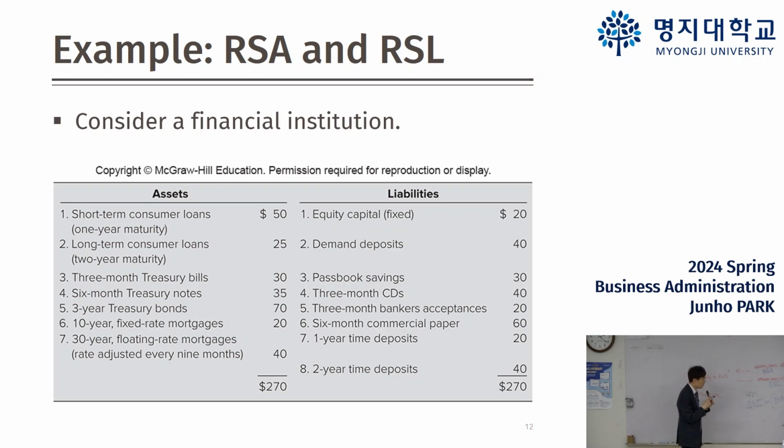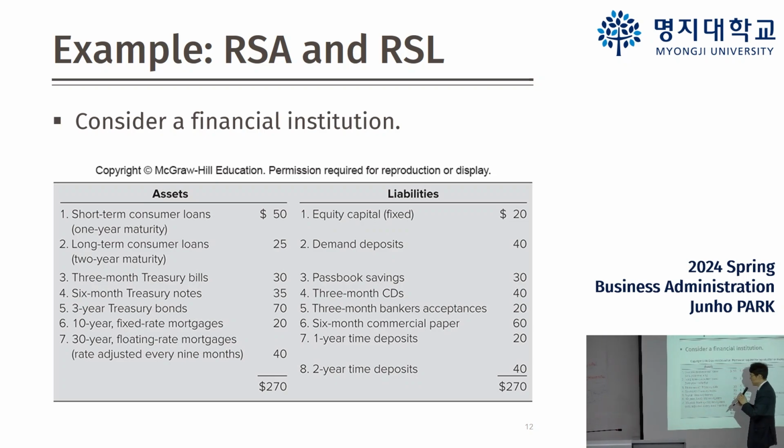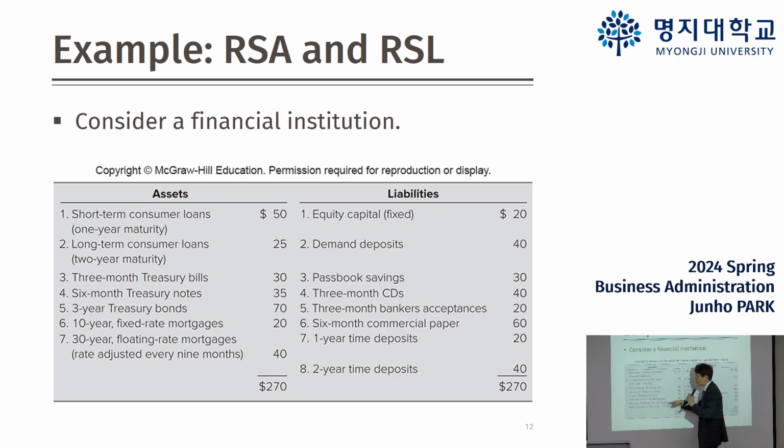So therefore, here, the item 7, 30-year floating rate mortgages, although it has maturity of 30 years, so the maturity is longer than 1 year, it also says this is a floating rate and the rate will be adjusted every 9 months.